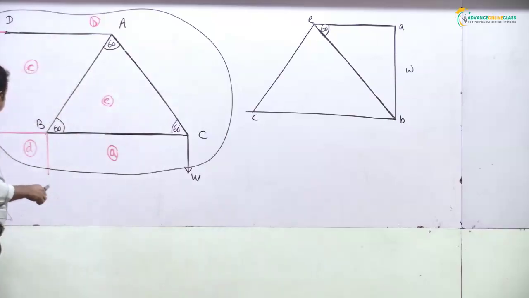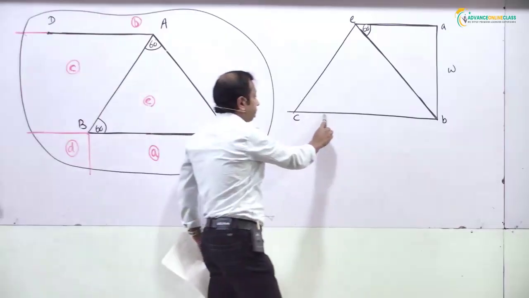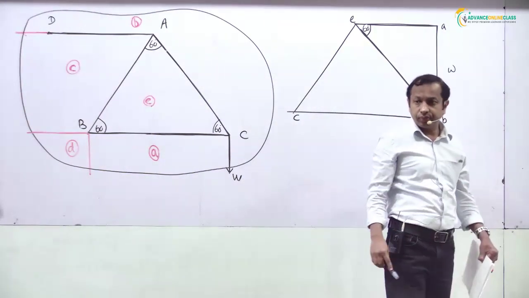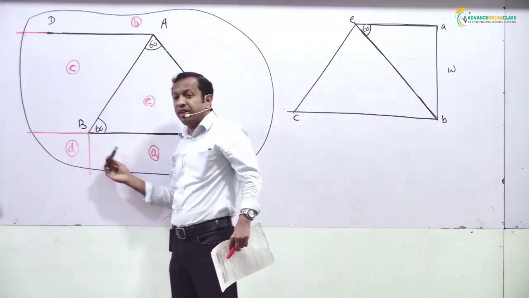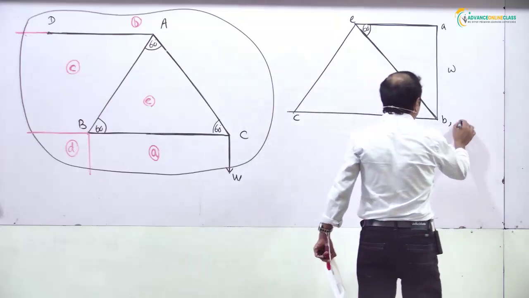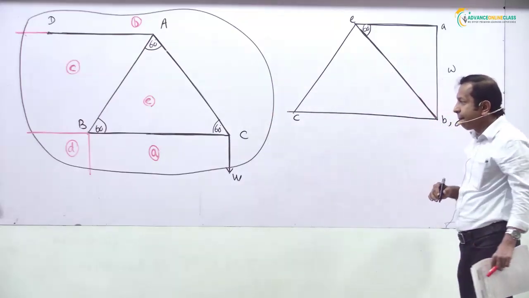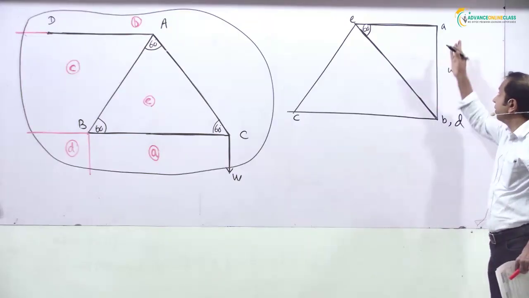When you come to here, CD should be horizontal. DA should be vertical. CD horizontal, D should be on this line. And when we join D and A, it should be vertical. Then D should be here, no? D should be here. Then only we get it right.